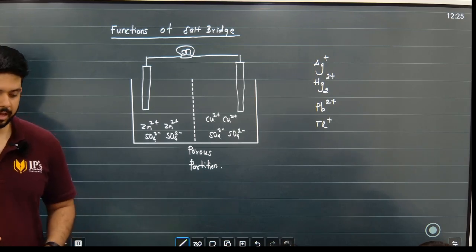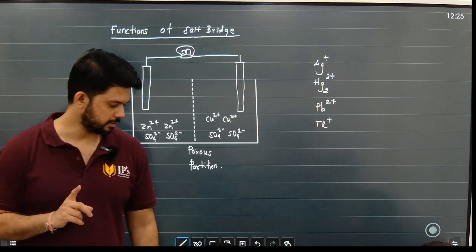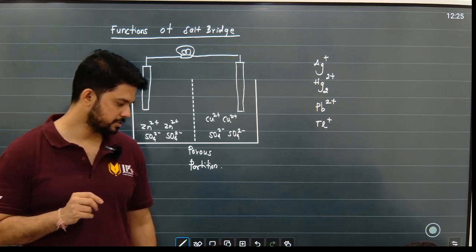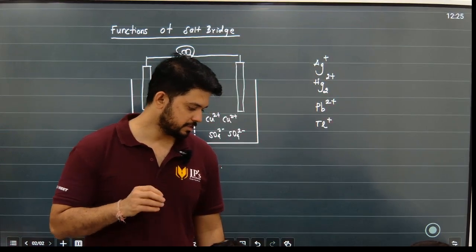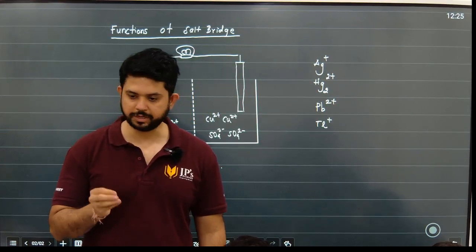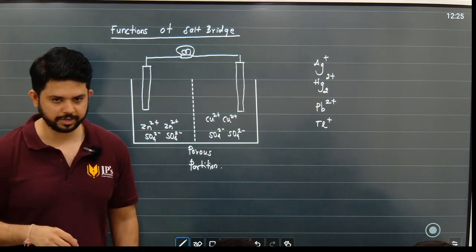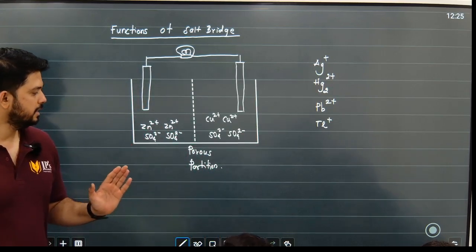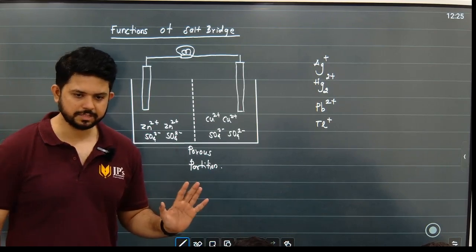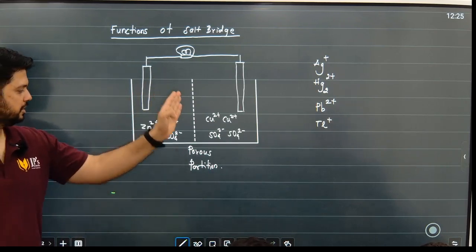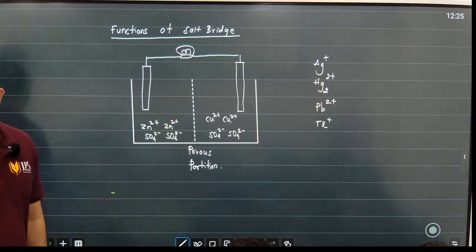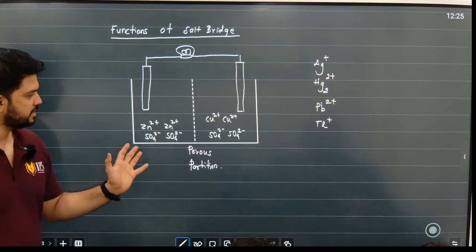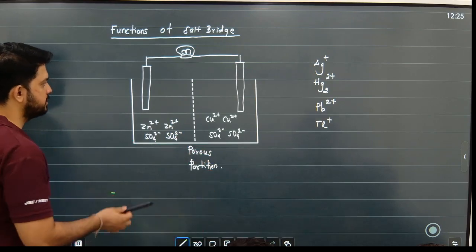Now people, in functions we have written a point. What was the last point? It prevents liquid junction potential drop. Now what does that mean? So pay attention over here. Let's say we have a cell like this. Instead of a salt bridge, we just have a porous partition. Left hand side we have zinc sulfate, right hand side we have copper sulfate solution.